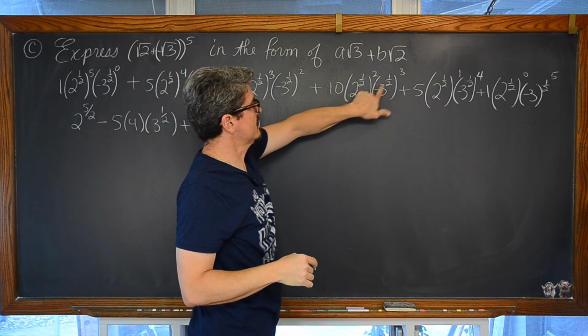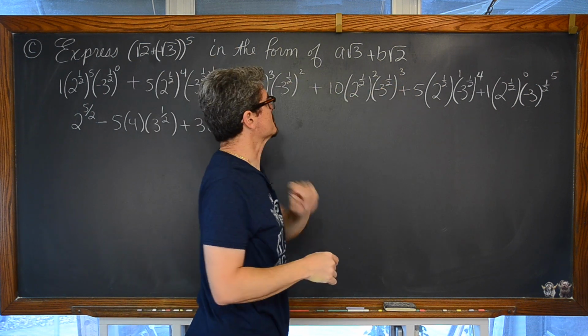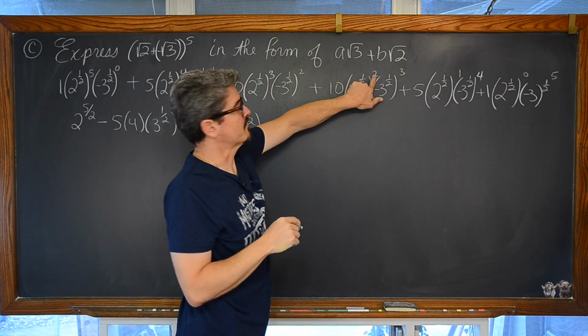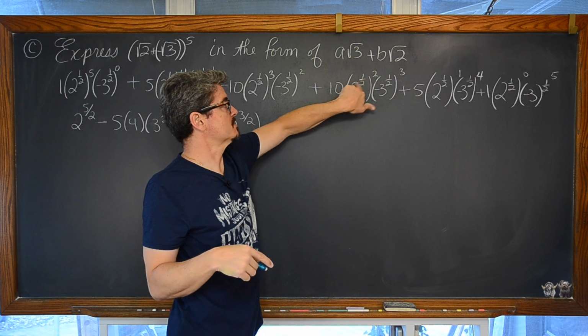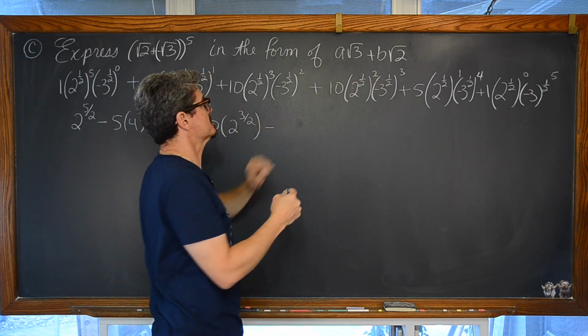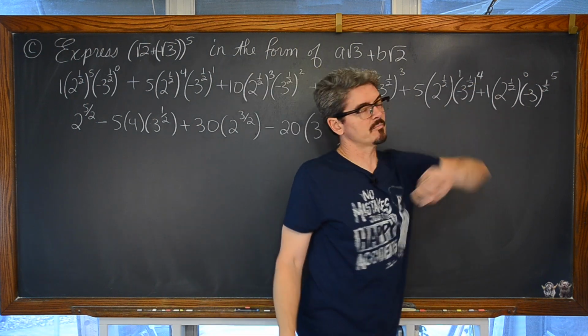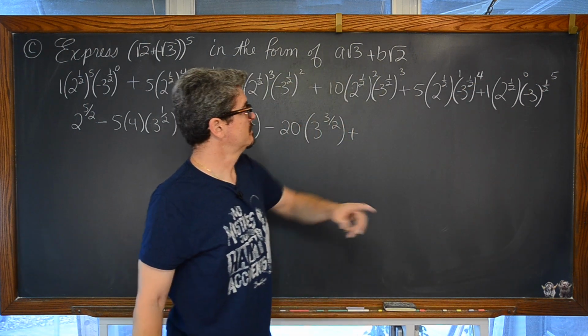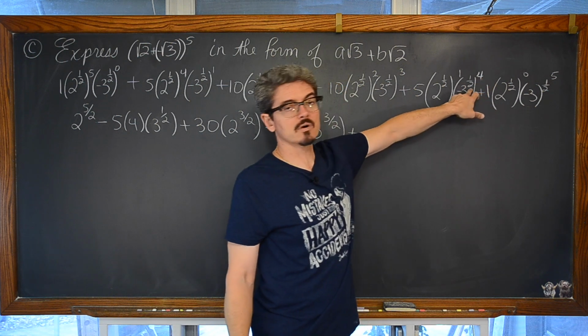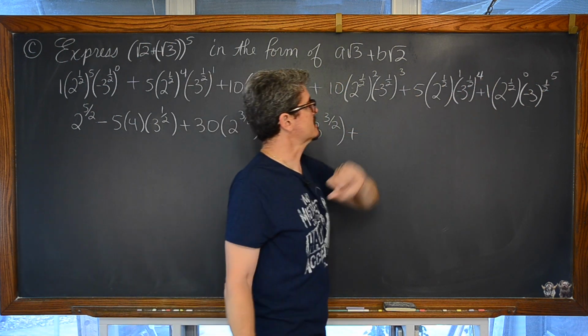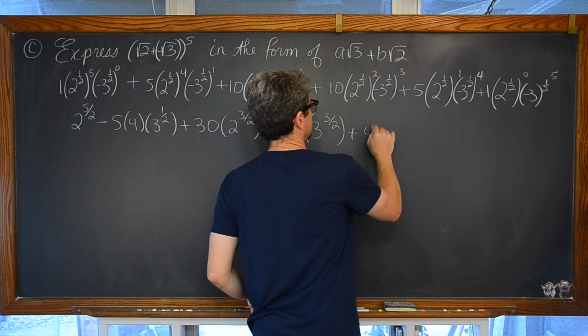Now here we have a negative to an odd power, so it's going to come out to be negative. We've got 1/2 of 2 is 1, so 2 to the 1st, which is 2, times 10 is 20. Negative number to an even power is positive. We have 1/2 of 4 is 2, 3 squared is 9, 9 times 5 is 45.